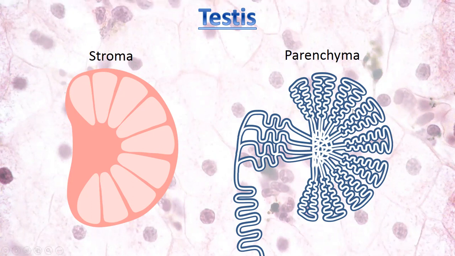So, to make a conclusion, the testis has stroma and parenchyma. Stroma is the non-specific part of the testis. It includes dense fibrous connective tissue which forms the capsule, septa, and mediastinum, and also loose fibrous connective tissue which forms the intralobular interstitium, the basis of the lobules.